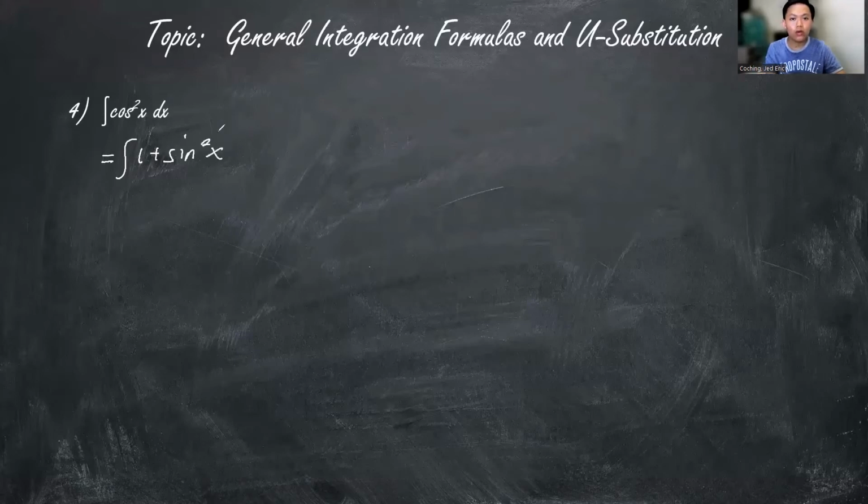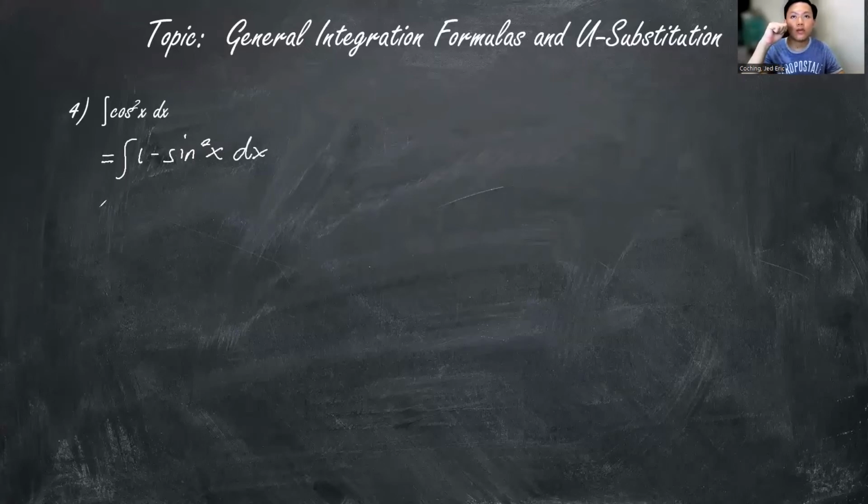Oh, I forgot, this is my negative. So cos squared x is equal to 1 minus sine squared x over dx.